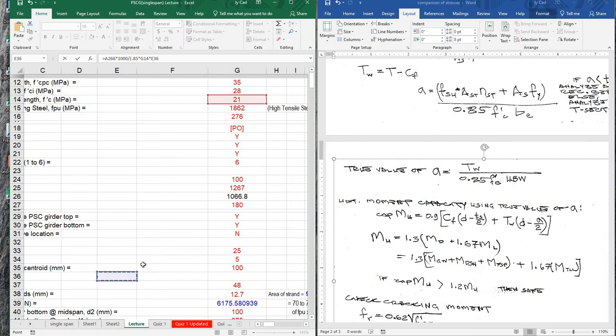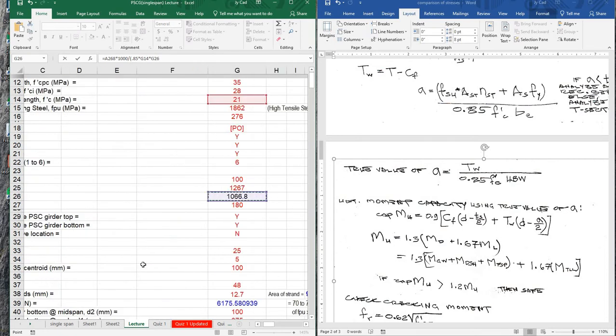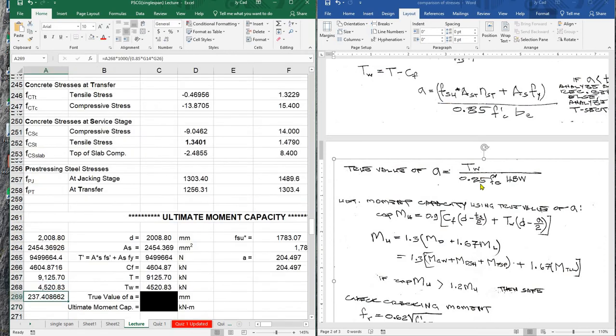Nasaan siya? Ito. And then, close parenthesis. And I will press enter. So, 237.40. Let's check. Tama. We now go to computation of capacity moment.